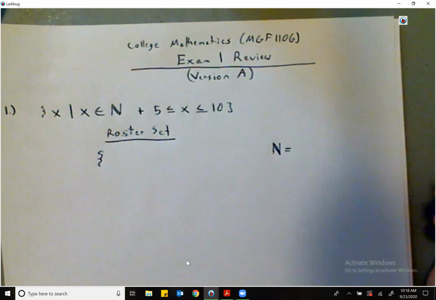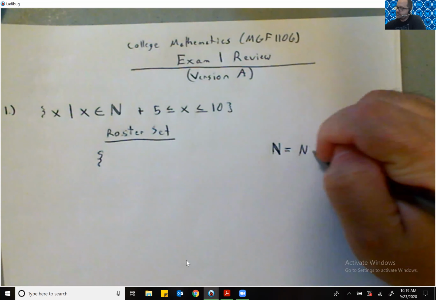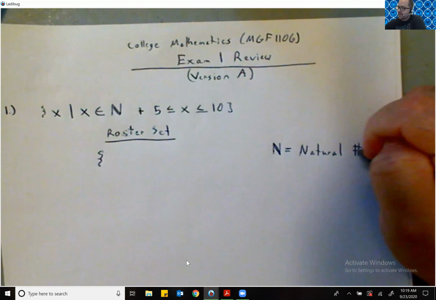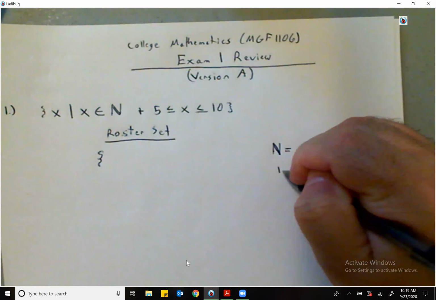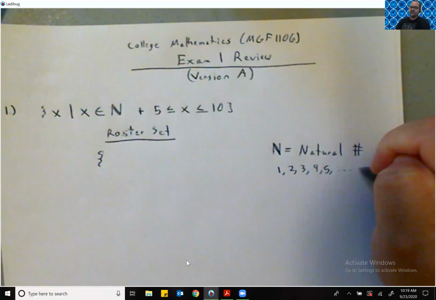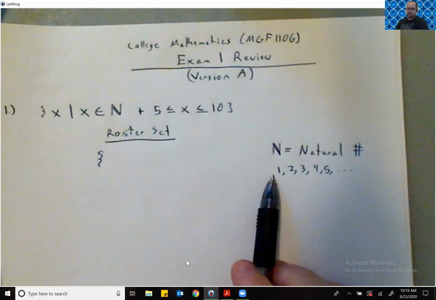What are natural numbers? Like the counting numbers. Absolutely. 1, 2, 3, 4, 5, so on and so forth. No decimals, no fractions, no zero, no negatives.